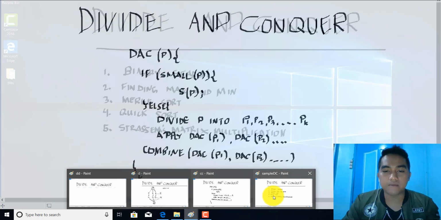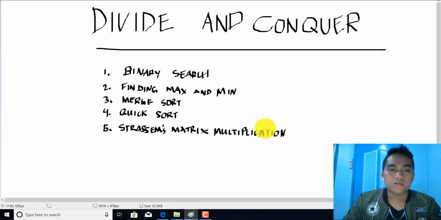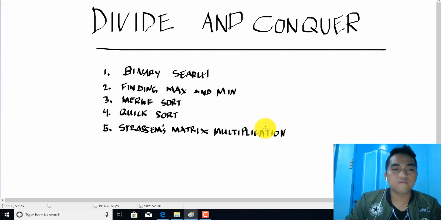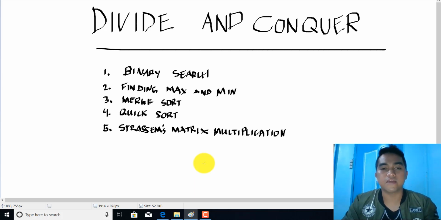So I have here a sample of problems that can be solved by applying the divide and conquer approach: binary search, finding maximum and minimum, merge sort, quick sort, and Strassen's matrix multiplication. Those are examples where the divide and conquer approach is applied.